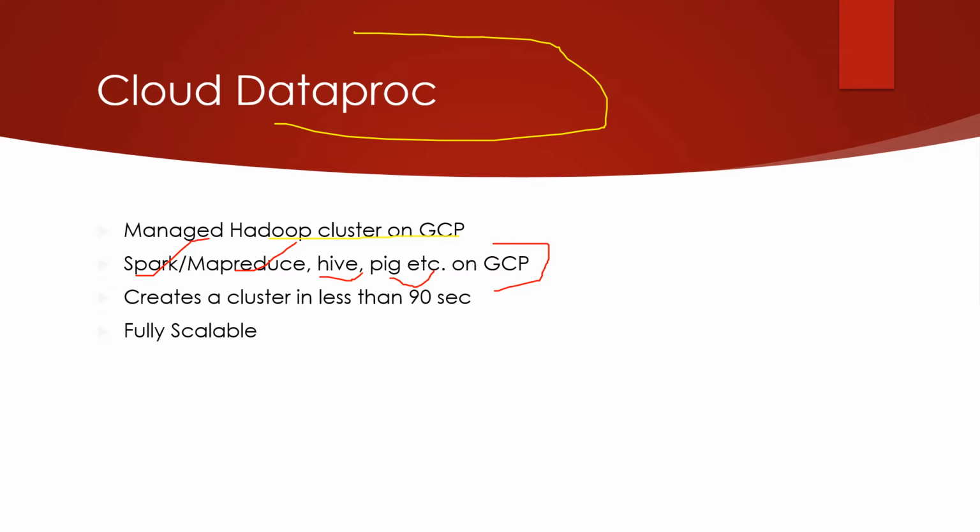Basically, it provisions all the compute engines, establishes the network connectivity between them, installs the necessary libraries on each node, and in less than 90 seconds you have a ready-made Hadoop cluster available to run your workloads.